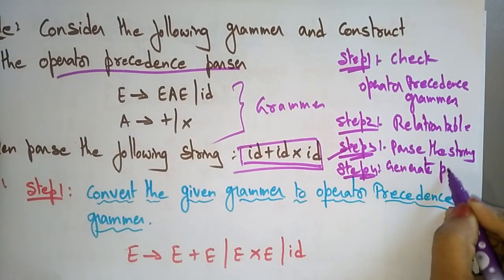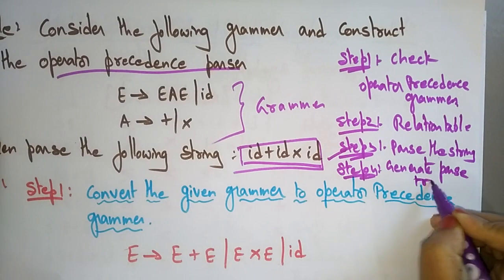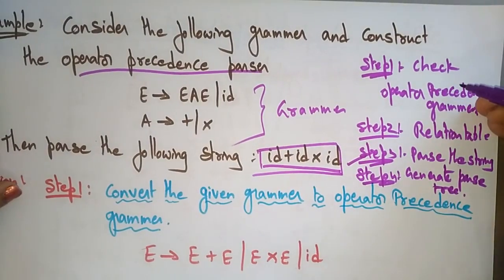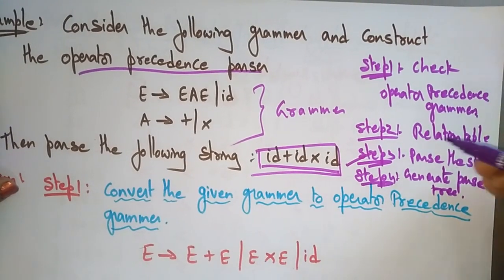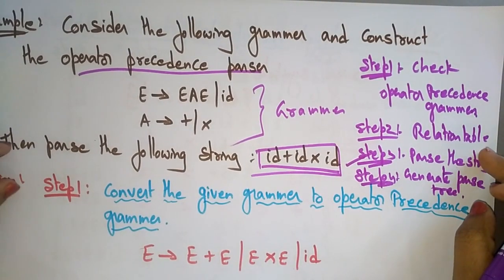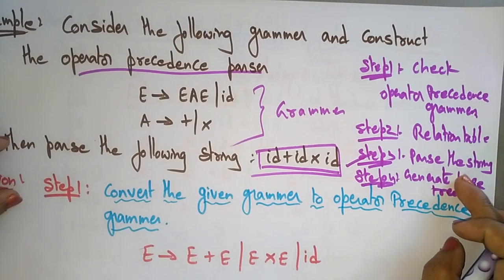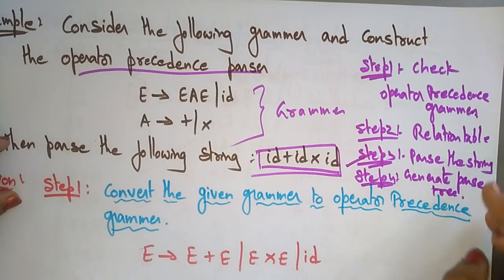So these are the steps to follow: first check whether the grammar is an operator precedence grammar, next find the relation table, then by seeing the relation table parse the string, and with the help of the parsing, generate the parse tree.